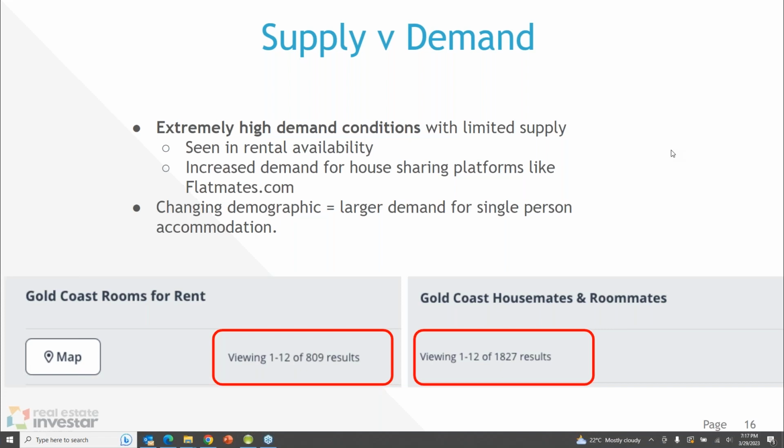There were 809 rooms advertised for rent, and 1,827 people looking for a room up to $350 per room. It means there's double the number of people looking as there are rooms available, so a huge shortage. In a lot of areas, the numbers will be very similar. That shows you the demand for single room accommodation.